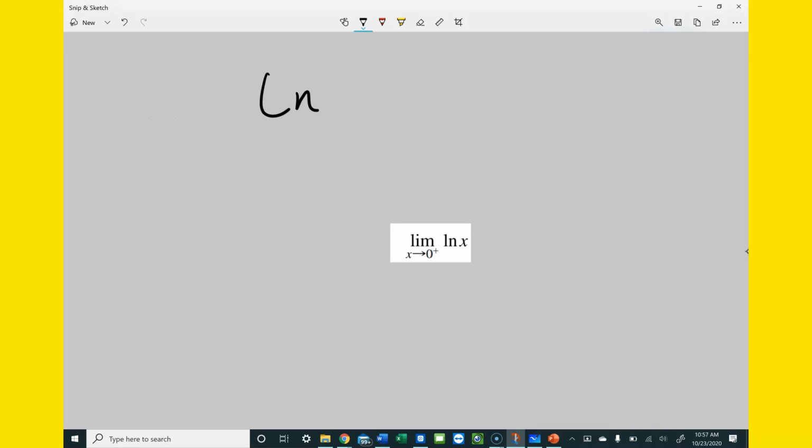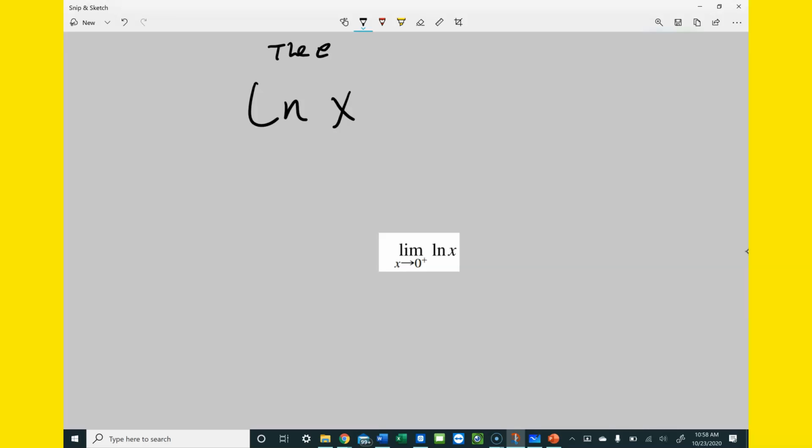What does ln of x mean? I always teach this in college algebra this way. Maybe you got a similar teaching in your high school classes about this. Anytime you're doing a log, which ln is just another log, it means the exponent on something.